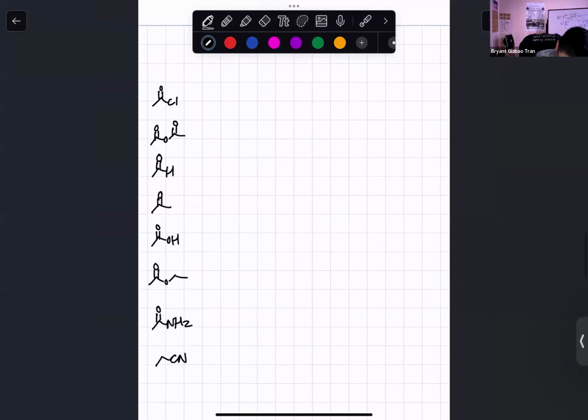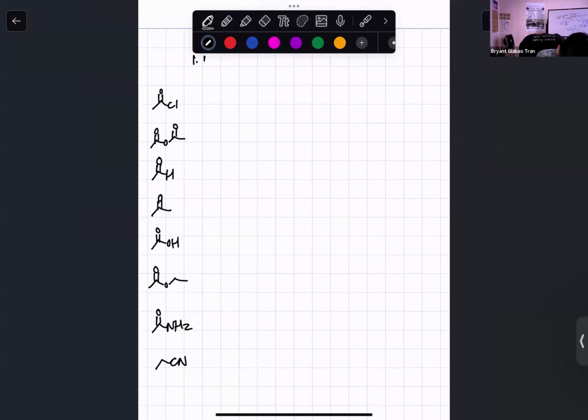For 8B, you learned about two reducing agents. The strong one, which is LiAlH4, lithium aluminum hydride, with second step H3O plus, or the weaker one, sodium borohydride, NaBH4, second step H3O plus.